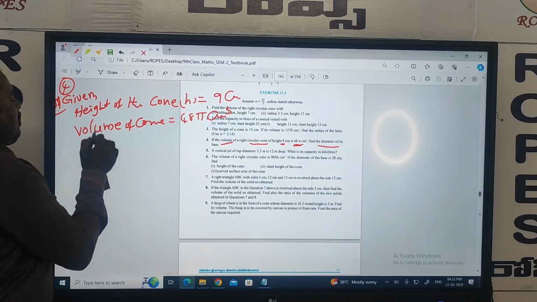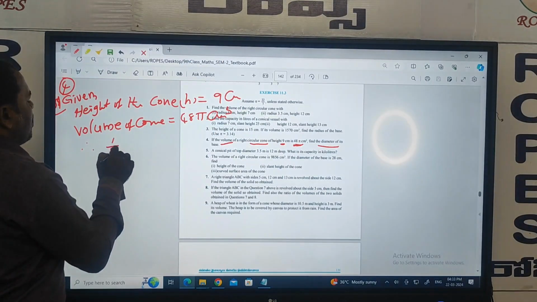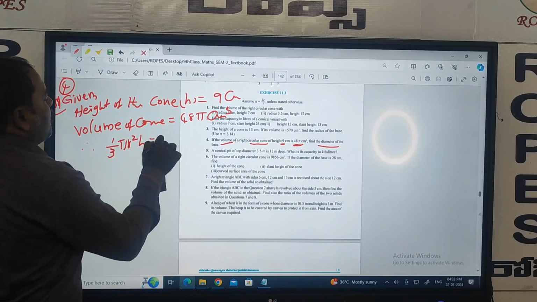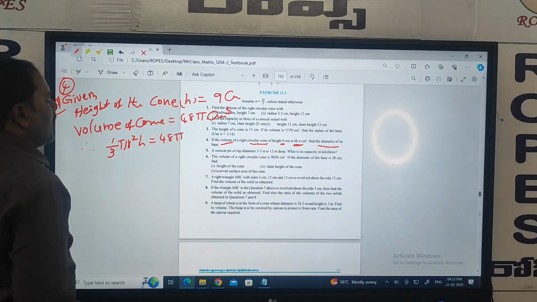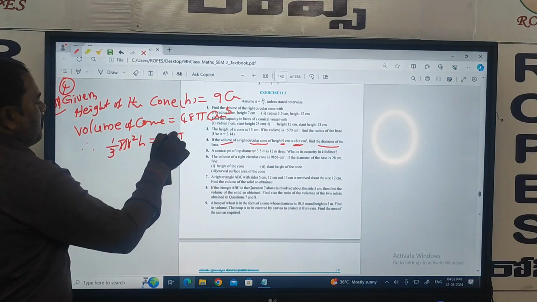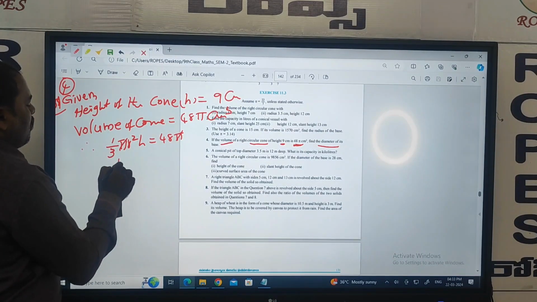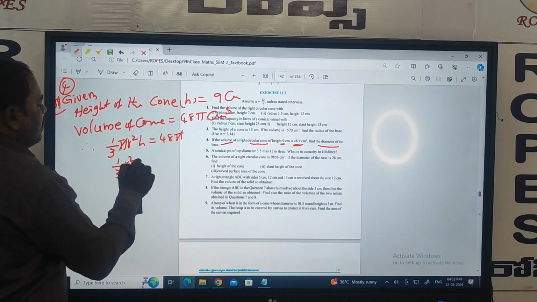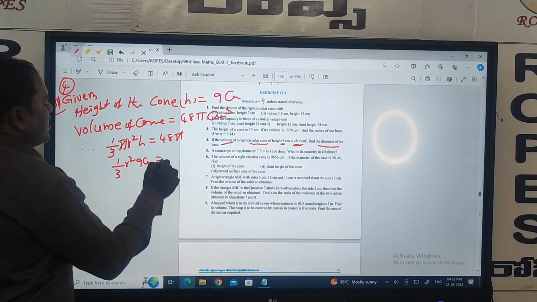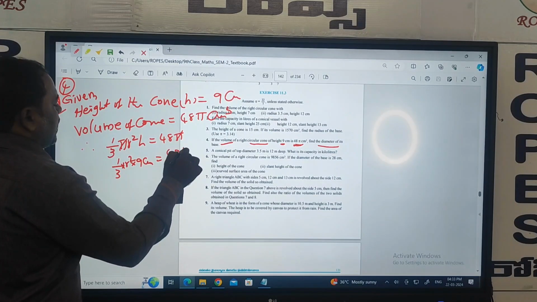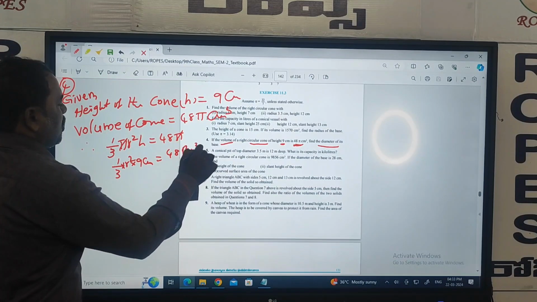Therefore 1 by 3 pi r square h is equal to 48 pi. Then here pi cancels, pi cancels, then 1 by 3 into r square, here h value 9 centimeters, is equal to 48 pi. 48 pi cancel, centimeters cube.